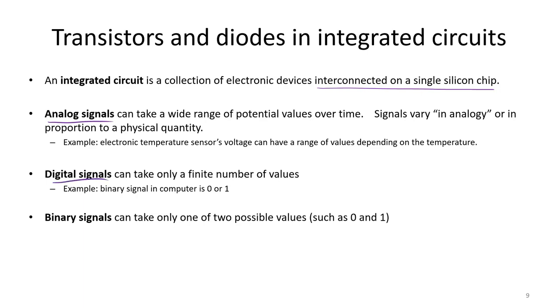Remember that analog signals can have a wide range of potential values, and often they vary in proportion to some physical quantity. On the other hand, digital signals can only take a finite number of values. A common example is the binary signal, where binary signals can only have one of two possible values. And often in a computer, we work with binary numbers, which are either zeros or ones.